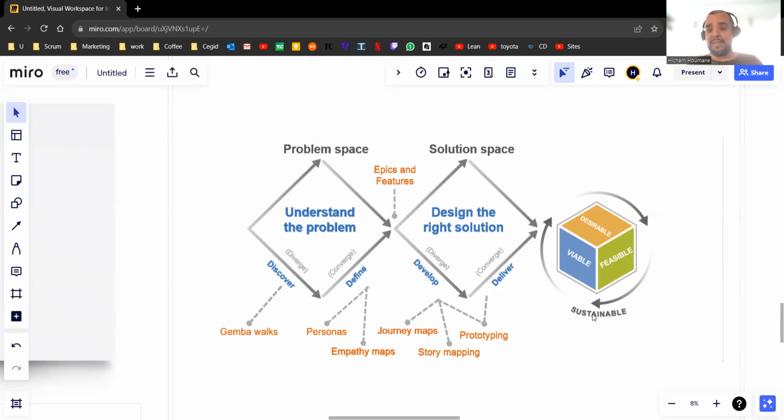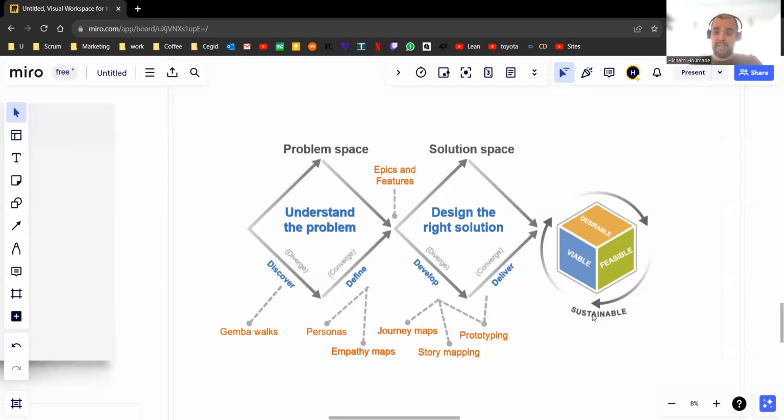And obviously sustainable. The definition of sustainability can evolve with your company, but the key criterion is, will your company survive with this solution, with whatever return this solution is going to bring in, and with whatever investment this solution requires.